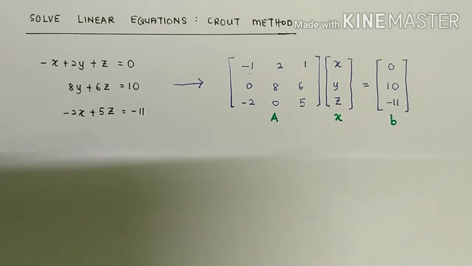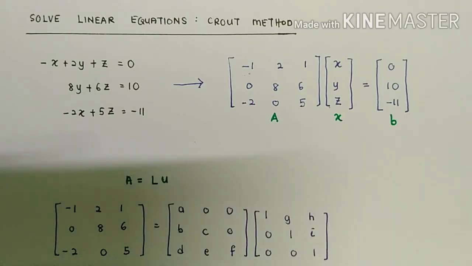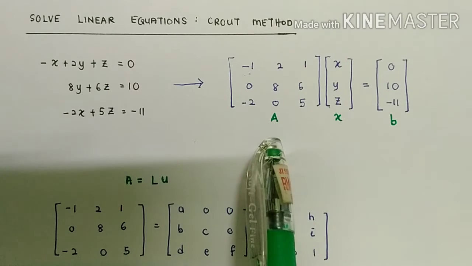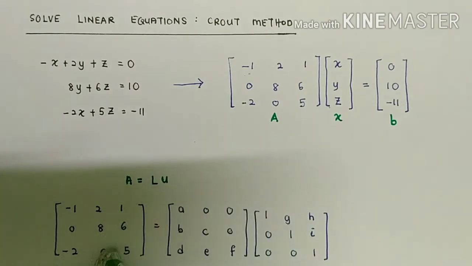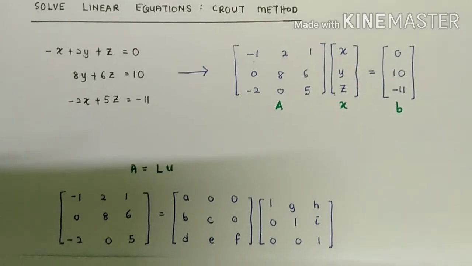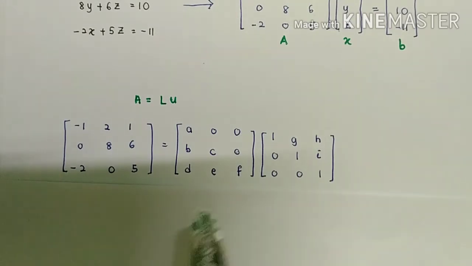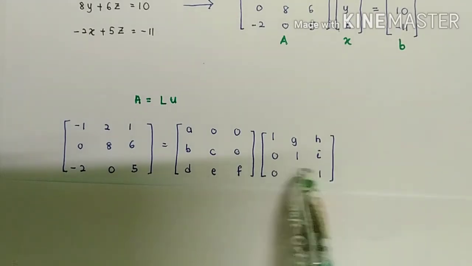The difference between the Crout and Doolittle methods is only the formula for matrix L and U. So this is matrix A, we can get it from our first step here. Matrix A, -1, 2, 1, 0, 8, 6, -2, 0, 5 is equal to, this is the formula of matrix L and U for the Crout method.